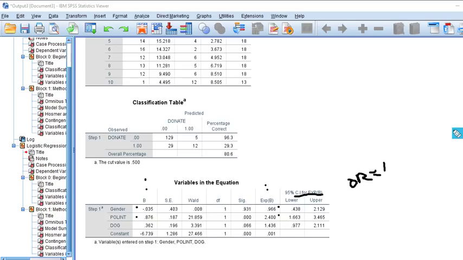So if 1 falls between the lower and the upper bounds of the interval, then we would maintain the null and say that there's no relationship between the predictor and the likelihoods of falling into the target group. So you can see that's the case for gender and also for the dogmatism variable, but not for the political interest variable. Okay, so that gives you a quick rundown of the first approach.